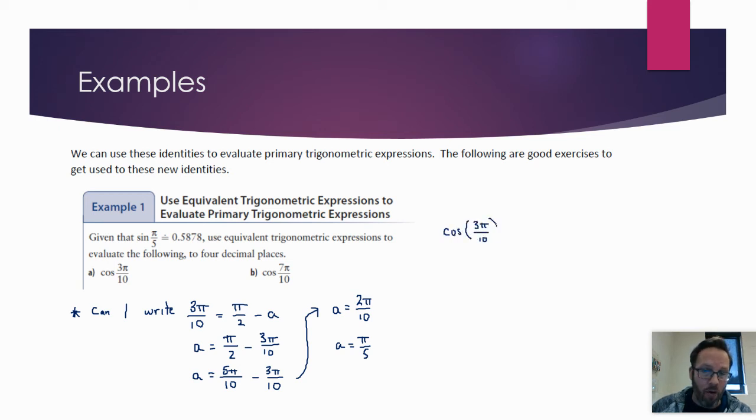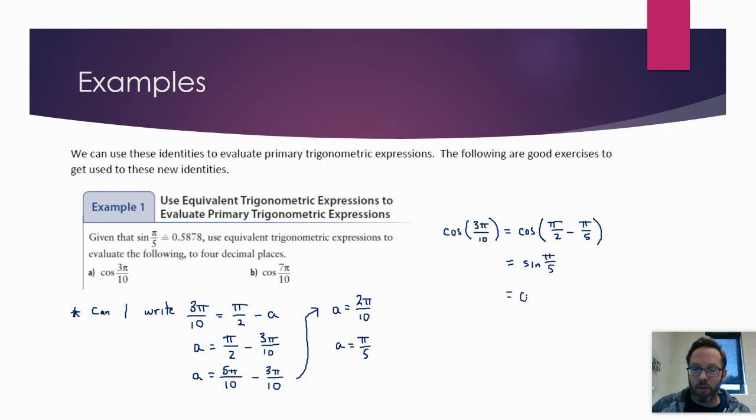What we just found is that 3 pi over 10 can be written as pi over 2 minus pi over 5. And now we have a co-function identity. It was one of our first ones, remember? The cosine of pi by 2 minus an angle is equivalent to the sine of that angle that we're subtracting, pi by 5.